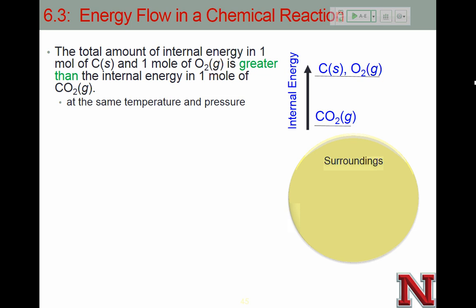When we are relating this to a chemical reaction, we're usually going to compare the energy of our reactants and our products. But that energy level is the total amount of energy of all of our reactants and the total amount of energy of all of our products.